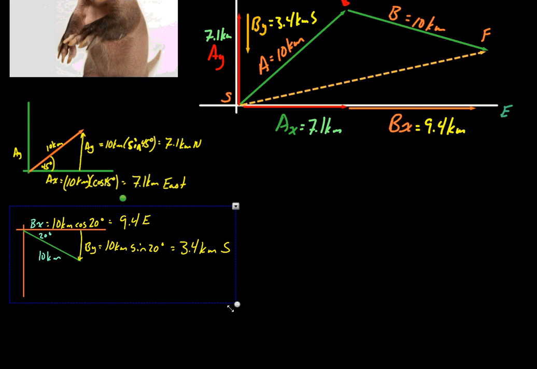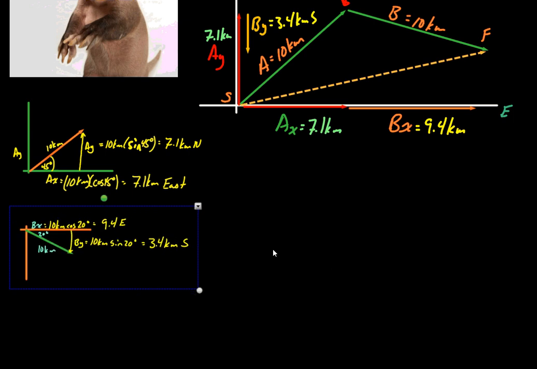So I'll just move that out of the way too, shrink it down. Okay, so I don't really like working right on here. So what we're going to do is this. We're going to go X net, so the net in the X direction.